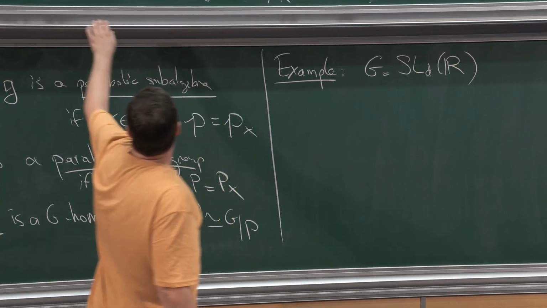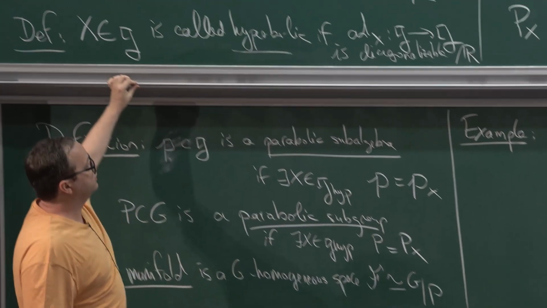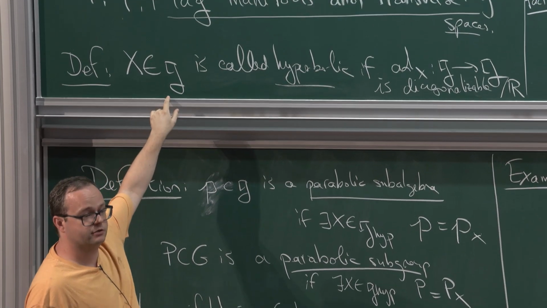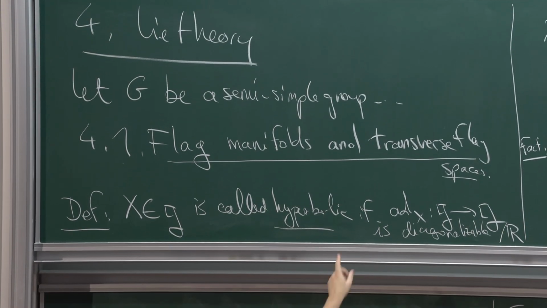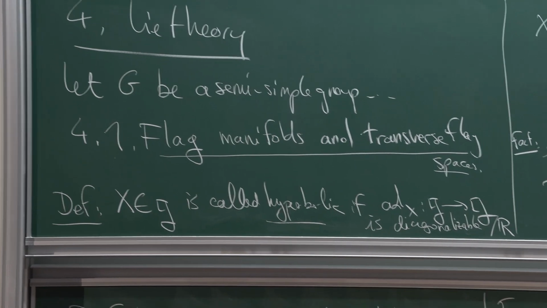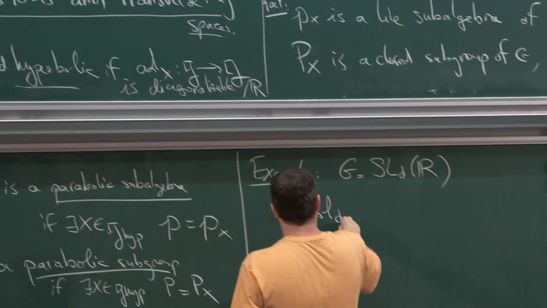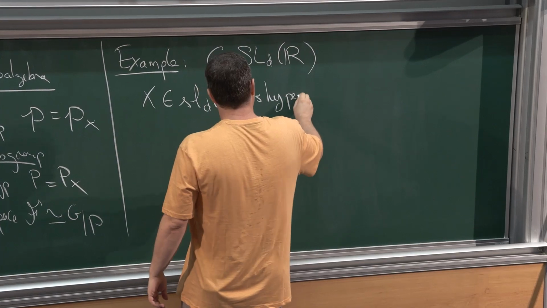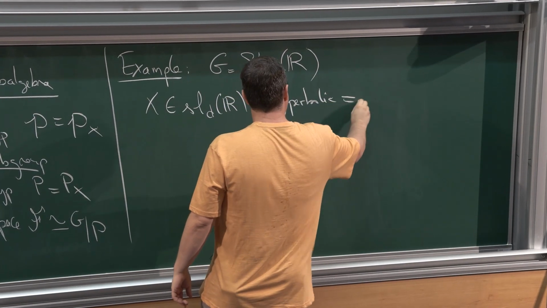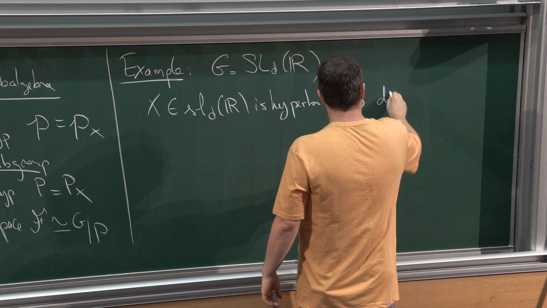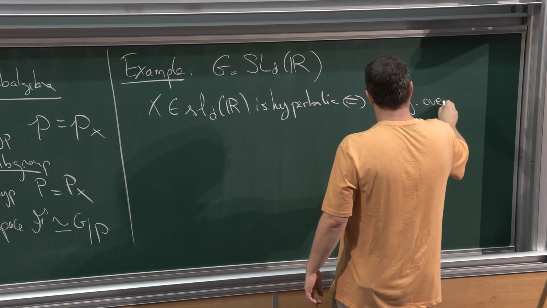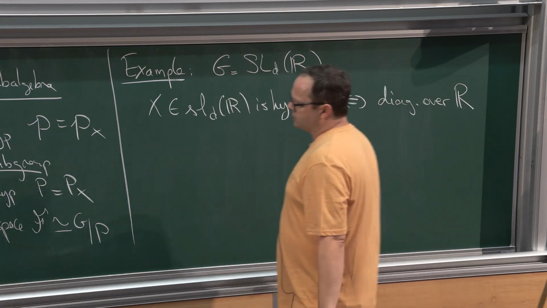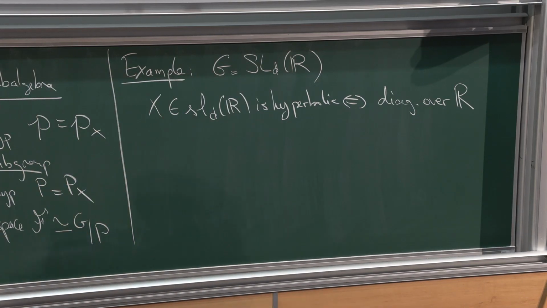And in that case, being hyperbolic just means that x as a matrix is already diagonalizable over R, right? So if you want to understand what are the possible flag manifolds, you'll just have to look at diagonal matrices.